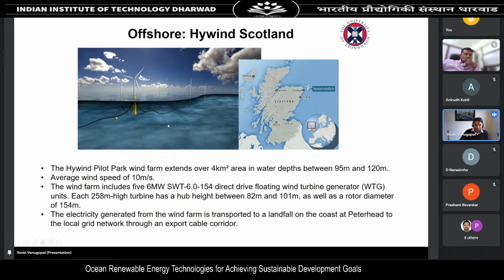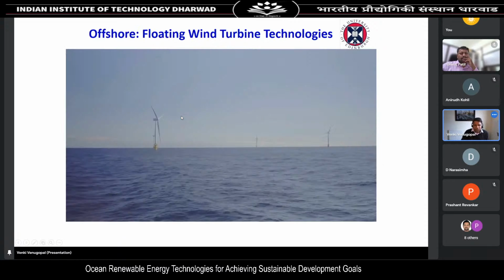The North Sea is a very complex sea. You see storms, very large waves, and heavy wind, but still the technology is proven to survive in extreme conditions.